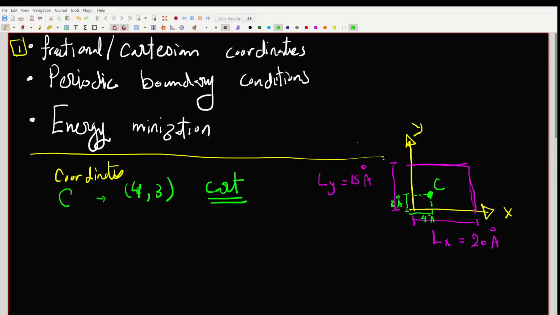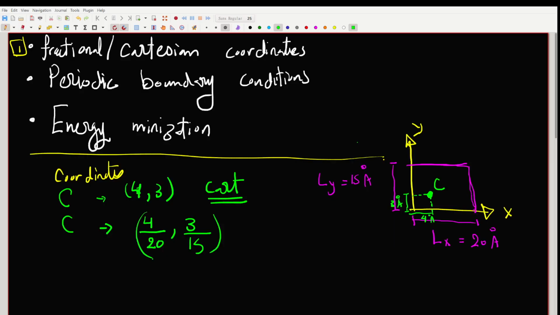However, you do have another option, which is the fractional coordinate system. You'd say, look, I will take the 4 and divide it by the length of the simulation box along the x-axis. So this is going to be 20. And similarly, the 3 divided by the length along the y-axis, that's 15.